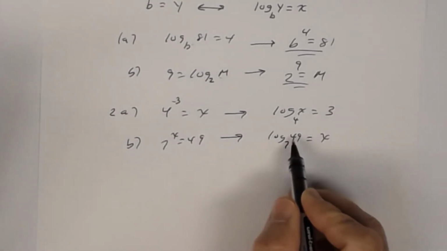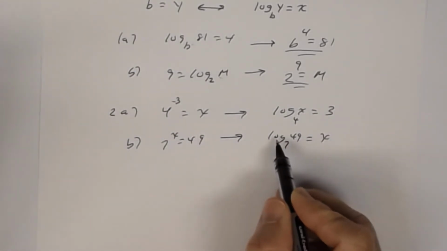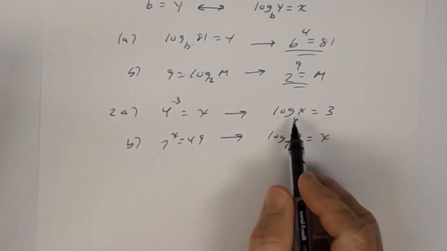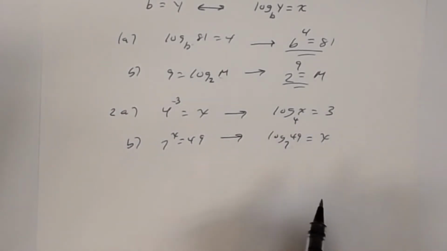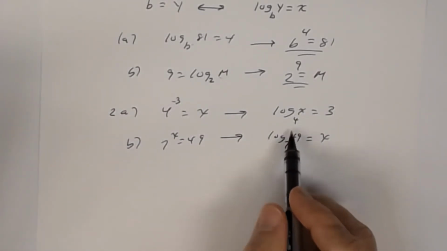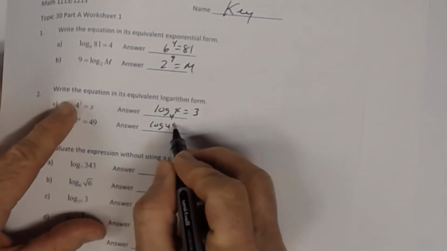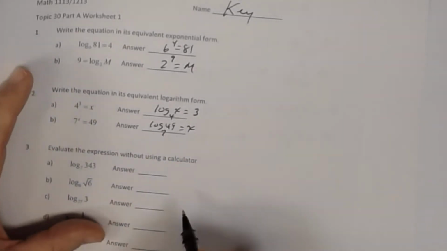Notice the 49 is on the same level as the log, and your 7 is your base, just like the 4 in the log of x. So make sure it looks like a base. You're going to say log of 49 base 7 equals x.